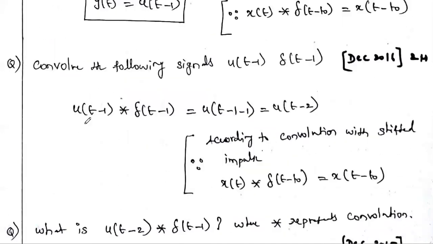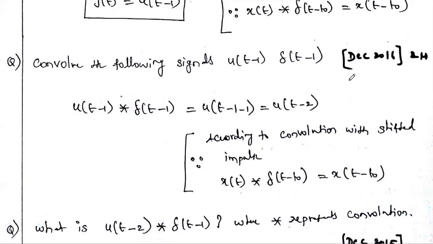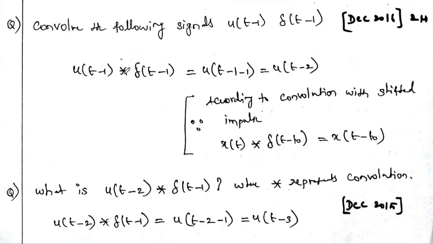Another one: convolve the following signals, u of t minus 1 and del of t minus 1. We have to perform the convolution between these two signals. It's a December 2016 question. So u of t minus 1 convolution with del of t minus 1. What is the answer? Here you take u of t minus 1 as x of t.